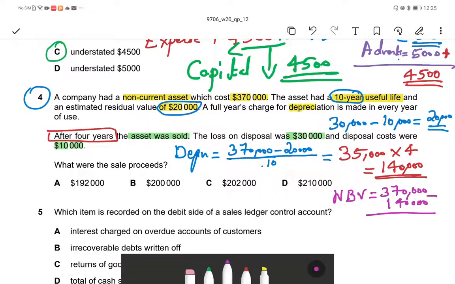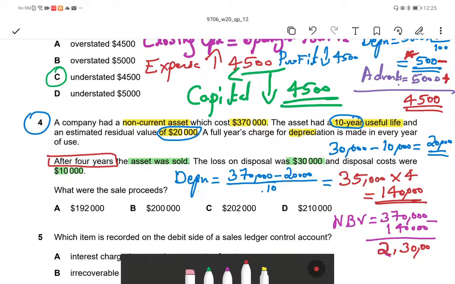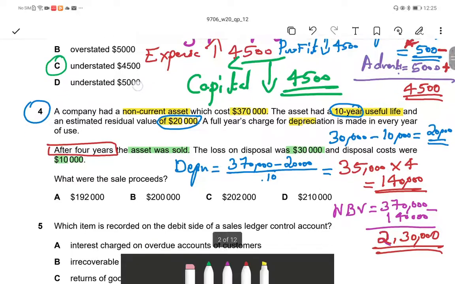That is 2,00,000. How much is the amount? 2,30,000 is the amount after we deducted the depreciation from net book value.